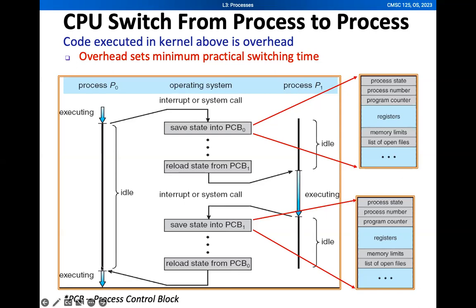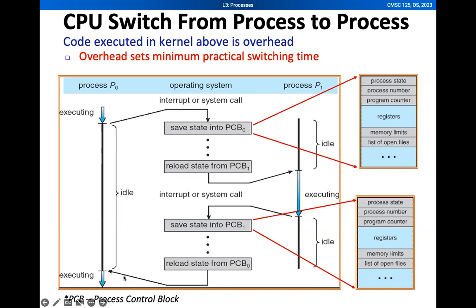And then P sub 0 will begin executing again. Then we save its state. Since P sub 1 needs to run, we reload its state, then it executes, then it is temporarily suspended, so we save its state, and since P sub 0 was idle for some time, we reload the information about P sub 0 in order for it to run.